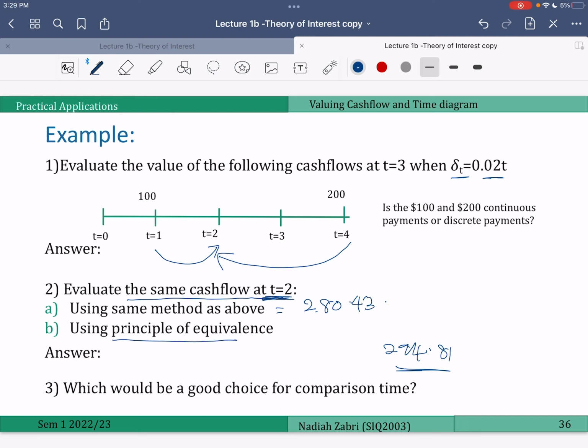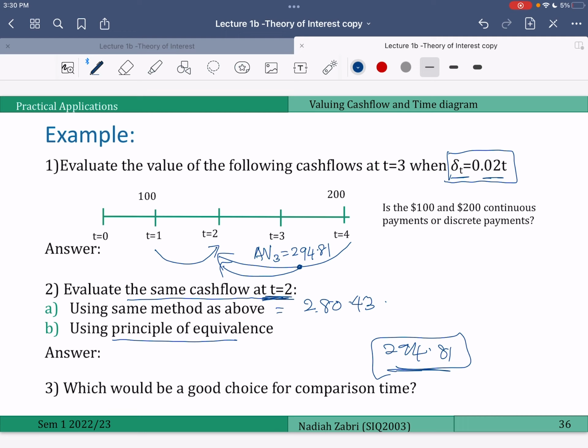Another way to do this is to use the principle of equivalence. Before this, when you evaluated at time 3, you got 294.81, right? If you want to evaluate at time 2, you just bring this to time 2 following the interest structure given. This fund follows this interest structure, right?